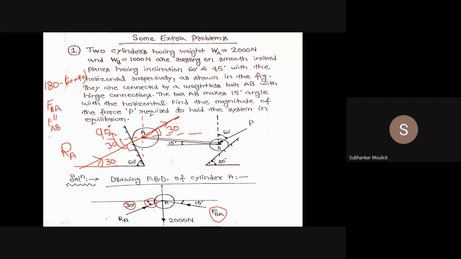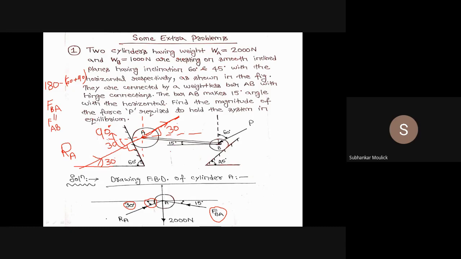Okay. Now let us see how much angle this force FBA is making at the equilibrium point A. If you see, this particular angle is how much? This particular angle is 15 degree.